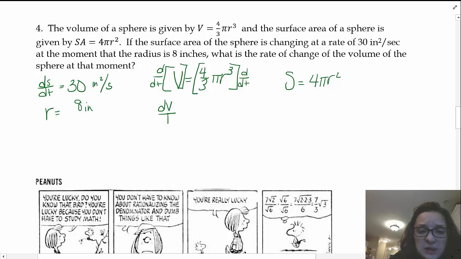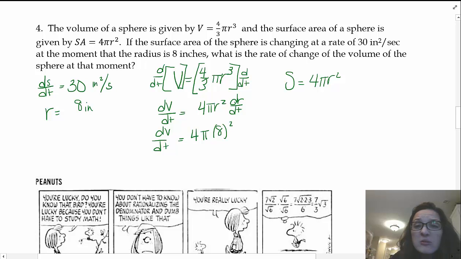I'm going to say dV/dt equals 4 pi r squared dr/dt. And then if I plug in what I know, I have 4 pi r squared. I don't know dr/dt, and it's definitely not given to me, but they've told me about surface area, and I haven't used it yet. So maybe I should use the surface area now.